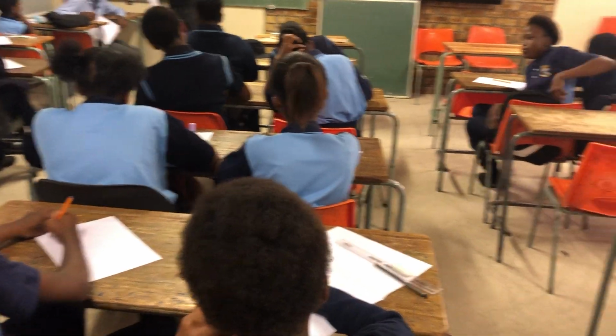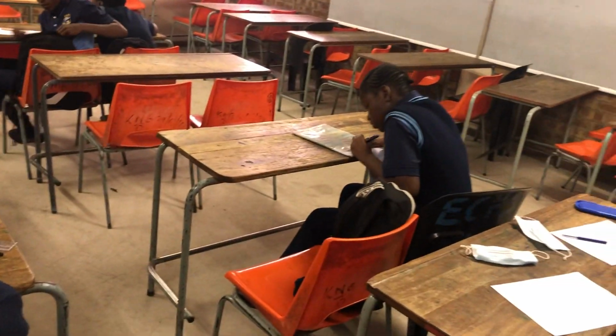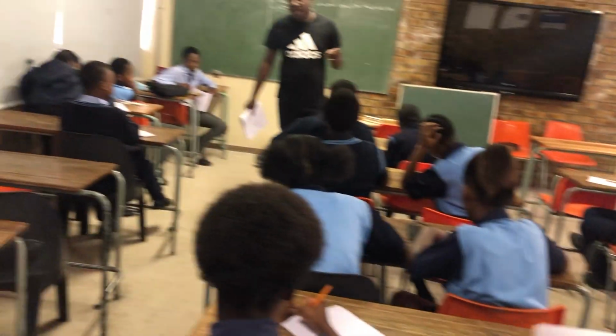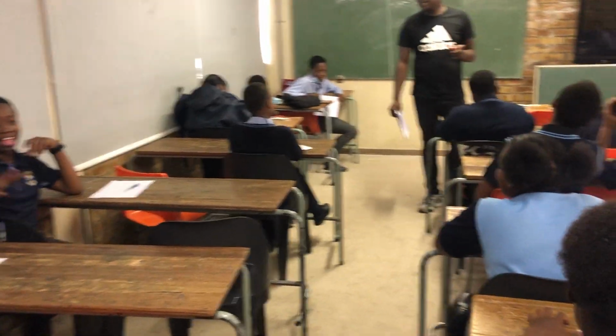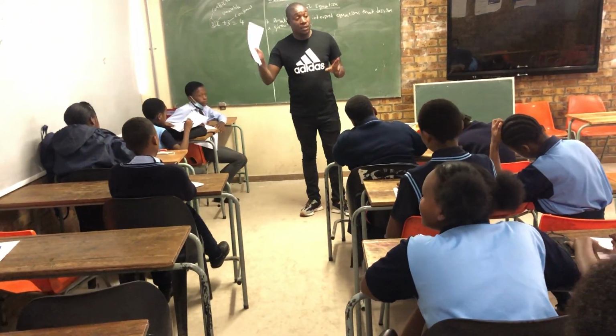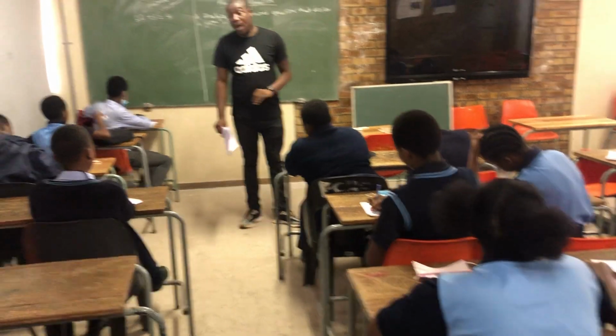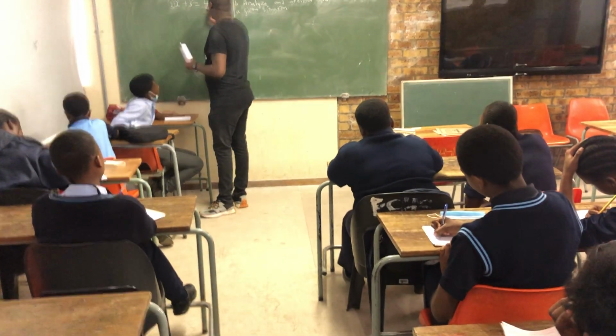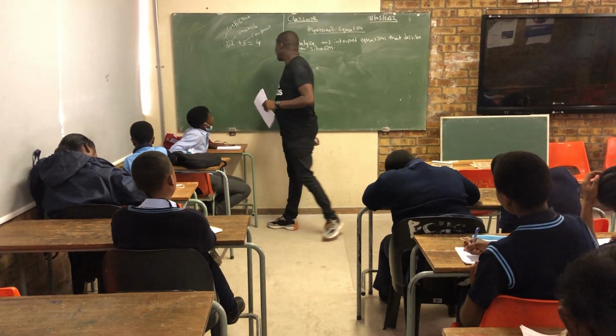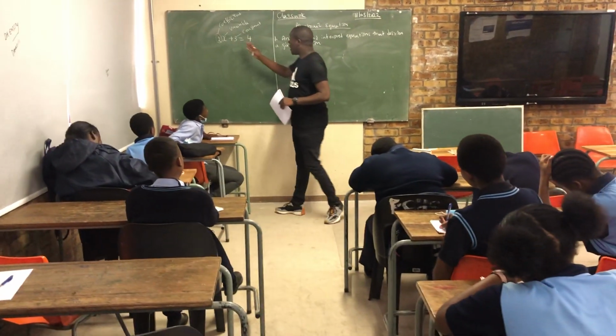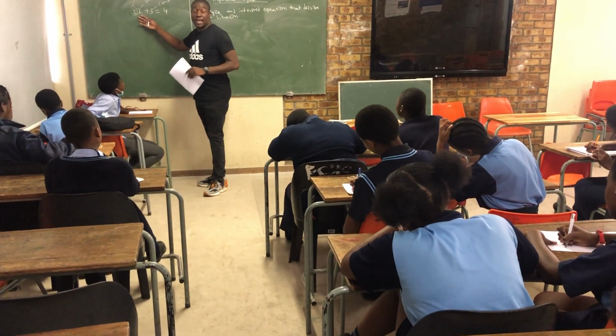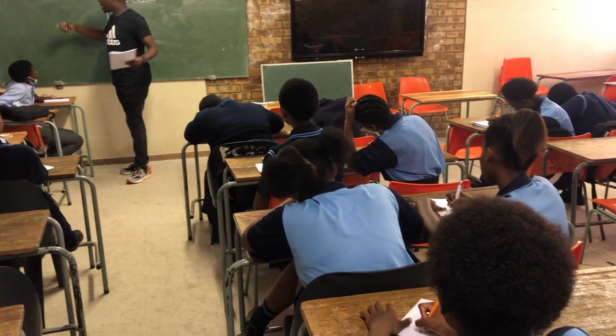Coefficient is the number before the variable. And the equal sign, we know what it represents. It means that these two sides are equal. Whatever we have at the left side is also equal to the right side.